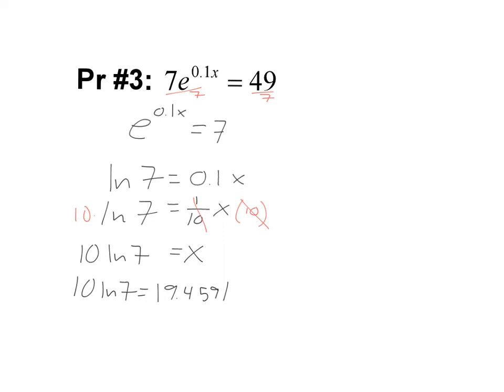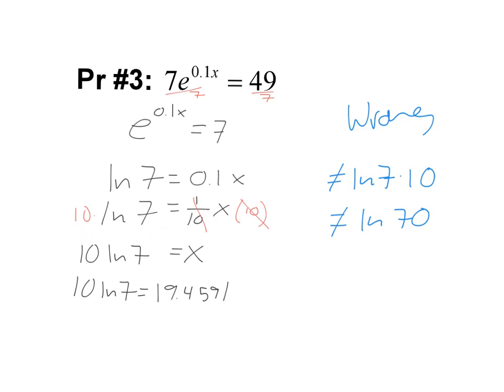Now this is important. Notice I put the 10 out in front. What I think that you guys might do, which is wrong, is you might write this as ln 7 times 10. Well, the reason why that's wrong is you'll think that that is ln of 70. And ln of 70 is not the same thing as this, right?